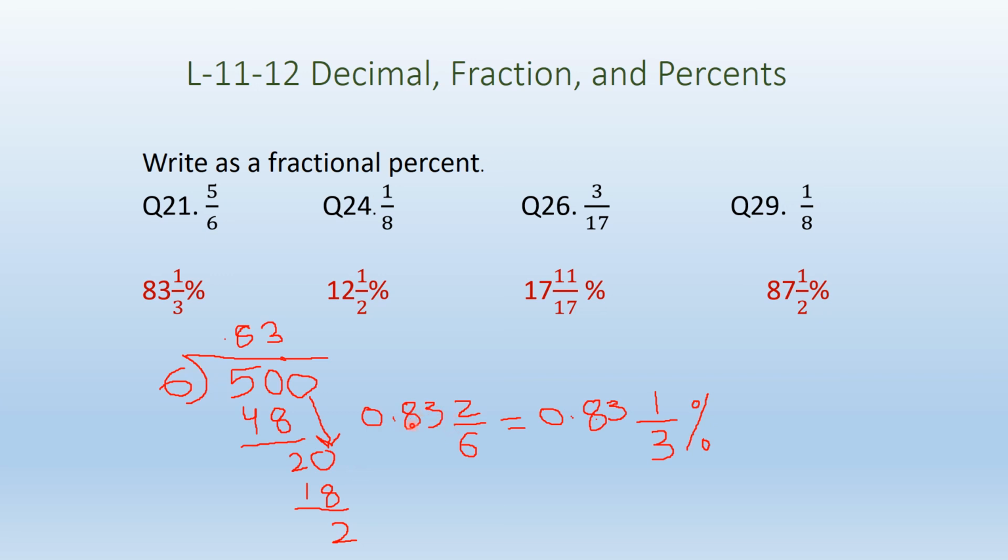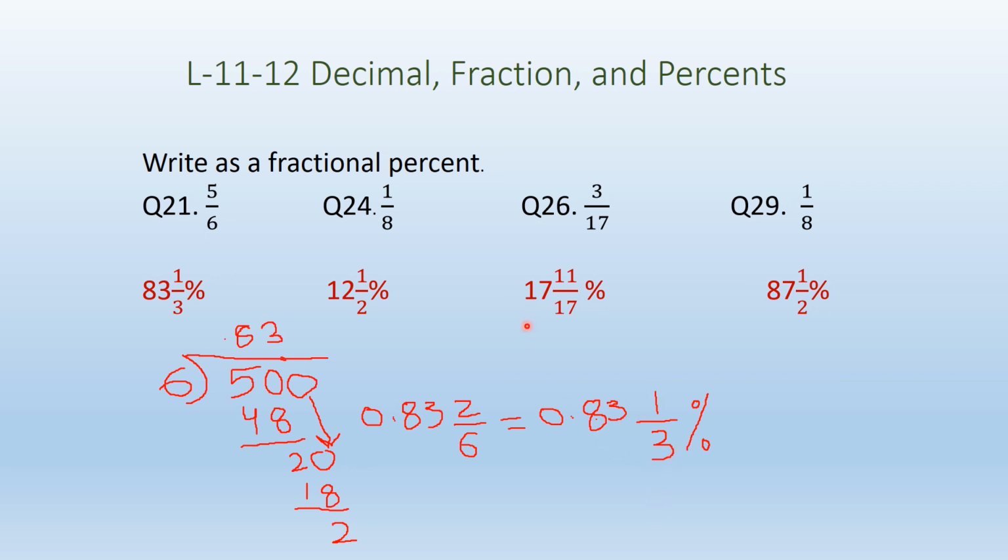0.83 in decimal and 2 by 6. And 2 by 6 is not in the simplest form. Convert into the simplest form by dividing by 2. Then what is the answer? 1 by 3. Now you can see your answer is 0.83 1 by 3.